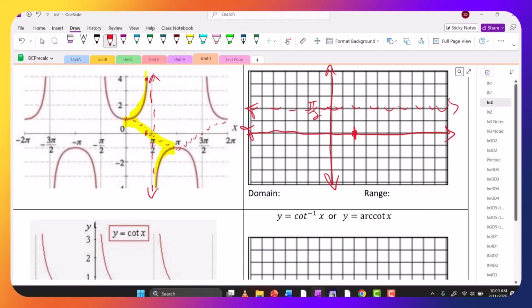So what's pi over 2? 1.57 and so on. So let's say 1.57 comma, let's say 1,000 again. Now that's 1,000 comma 1.57, which is right below that asymptote right there. Okay, right below. All right, so that makes sense there.